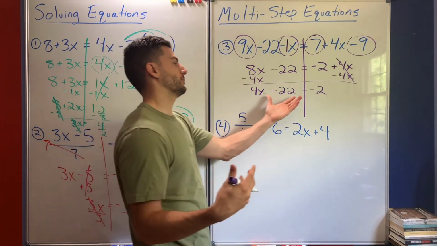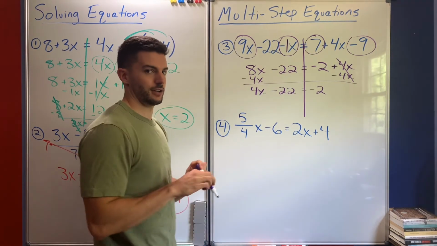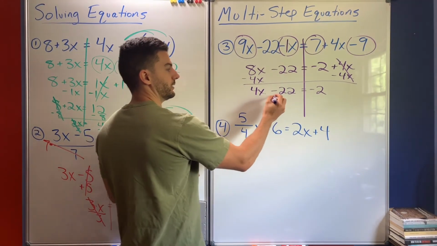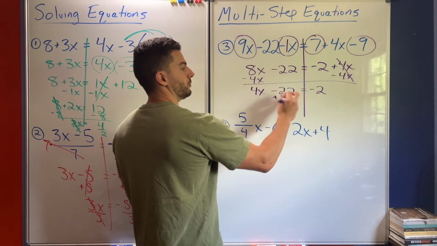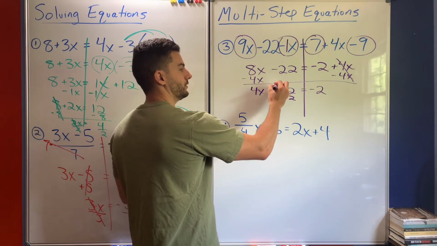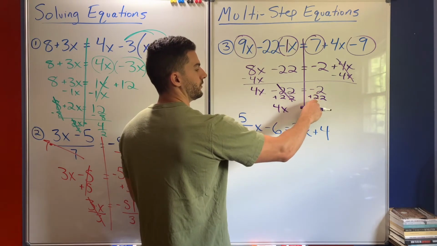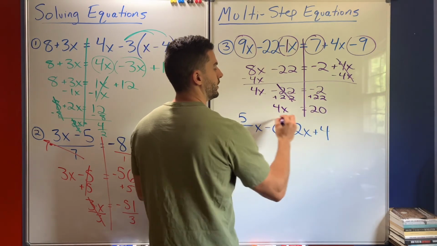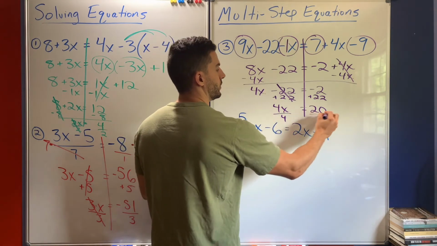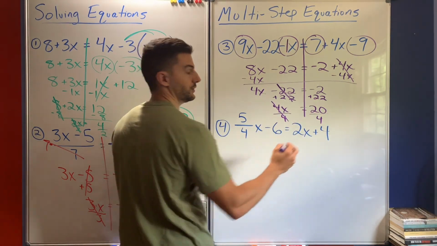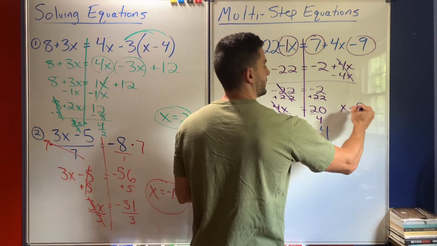And again, hopefully at this point you look at that and you're like, yes, I'm confident. I know what to do from here. I can take it from here. So yeah, you plus 22 to cancel out this minus 22, and you get 4x equals negative 2 plus 22 is 20. And then you divide by the 4 as your last step to get x equals 5.